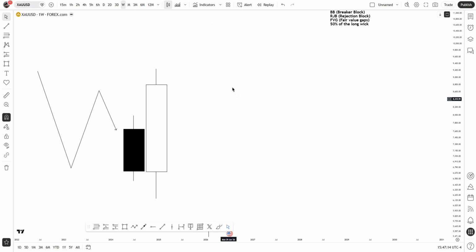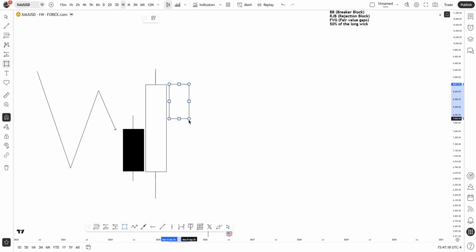So now what happens is the market will come back to create another range just above the order block, or sometimes inside the order block, or at the 50% of the order block.